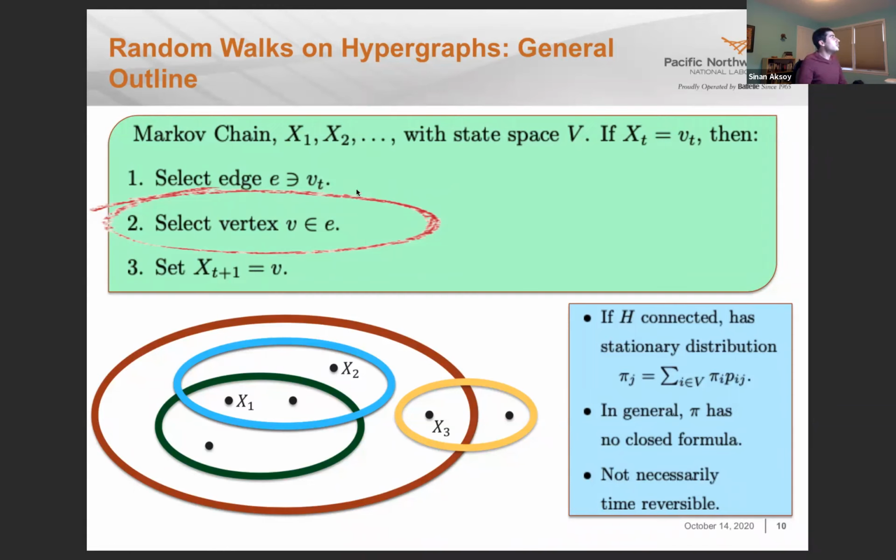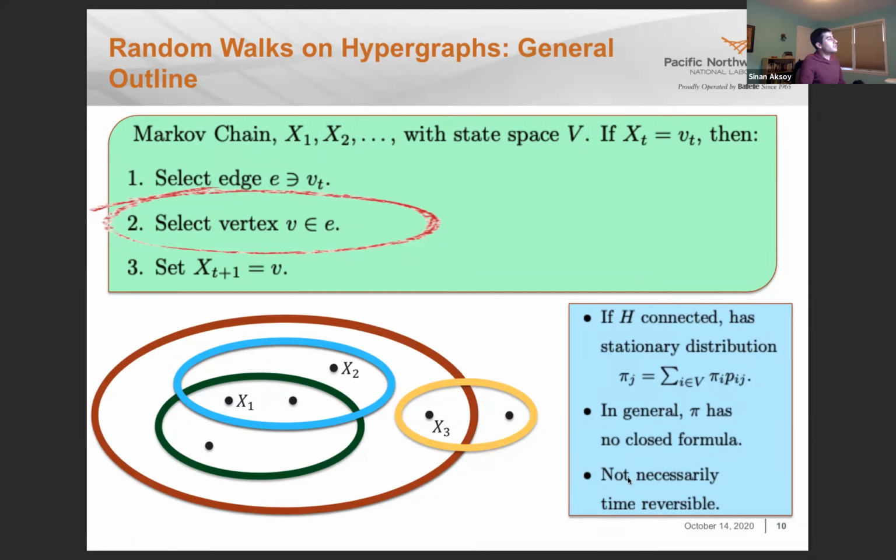We can first choose a hyperedge, and then once we're in that hyperedge, we can choose a vertex that belongs to that hyperedge. You don't need to break this up in the case of graphs, because for a graph, once you enter an edge, you already know where you're going, right? But because in a hypergraph, edges can connect many vertices, this is a key difference in the setup. And as we'll see right now, how you choose this next vertex is, of course, very important for the properties of the random walk.